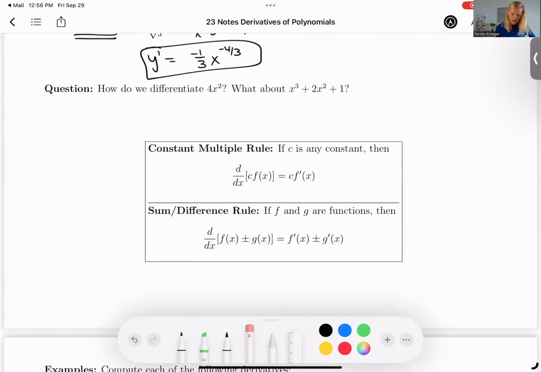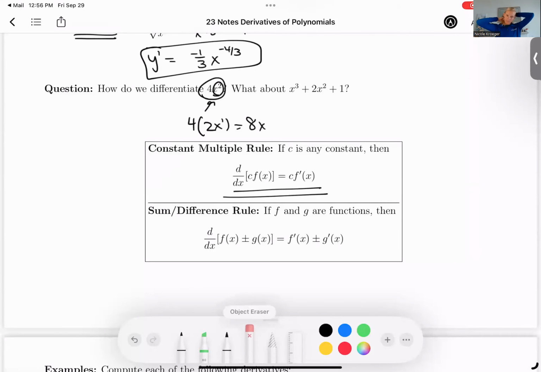So with 4x squared, the 4 is just a constant. It's just going to hang out front. So the 4 doesn't change. And we're going to take the derivative of x squared, which is 2x to the first. So we're just going to get 8x for that. That's what this rule here is telling us. This is the constant multiple rule.